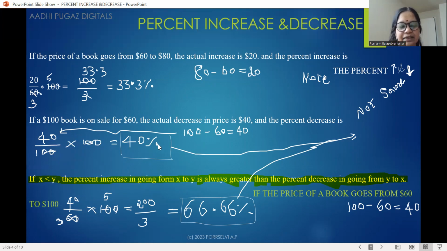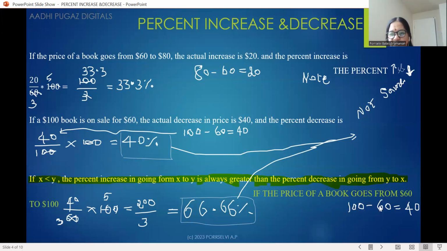Now we'll see another example with the same values. Here, if the price of a book goes from $60 to $100, the book price is increased. The same way you calculated in the first question, you have to identify the difference.